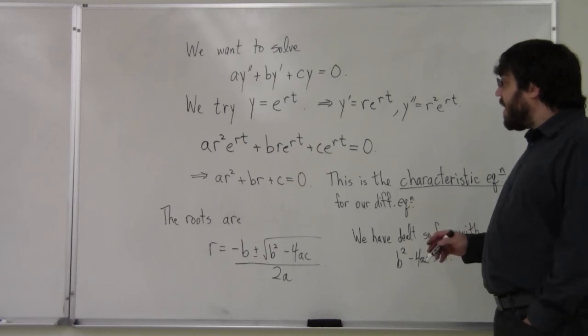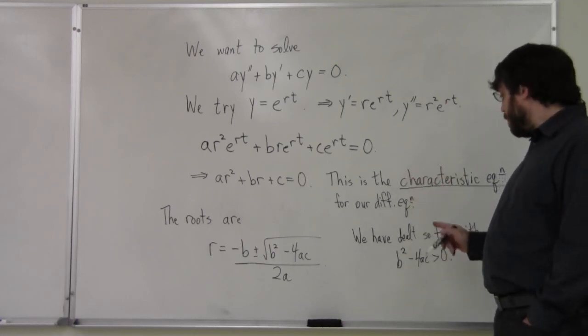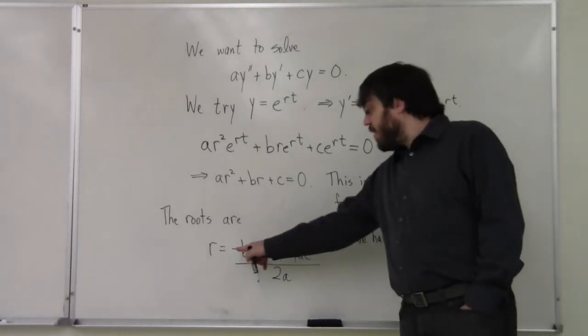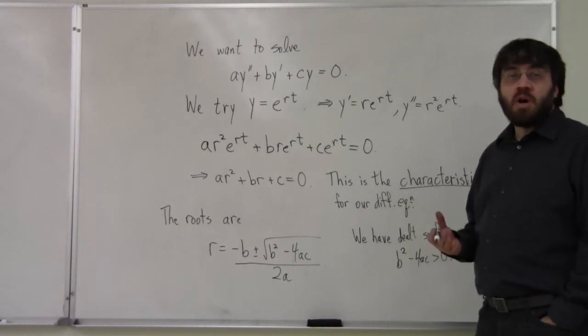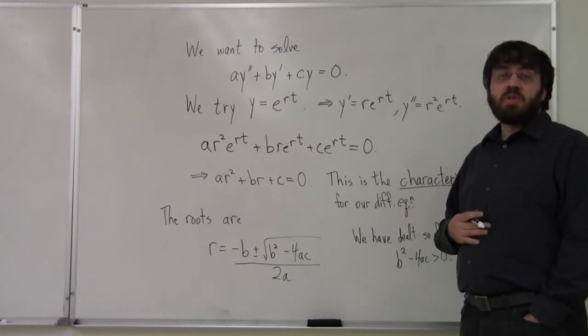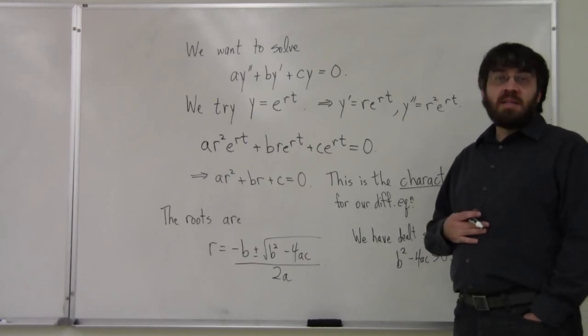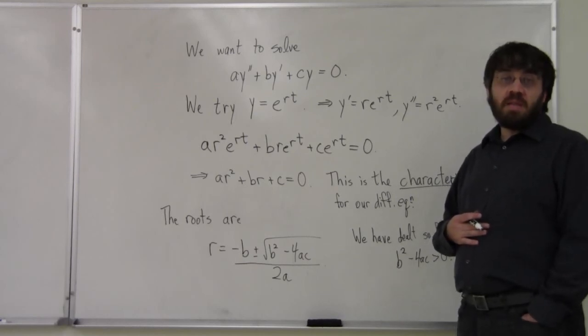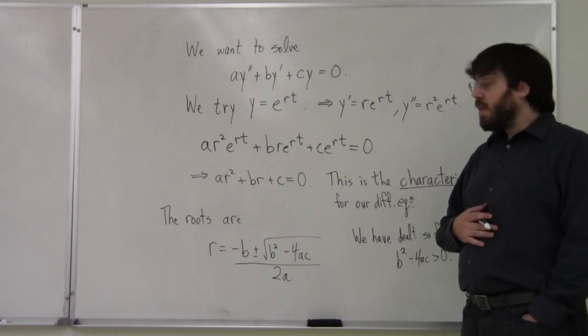Okay? So in that case, we've said everything about how to solve the equation. If b^2 - 4ac is positive, then you get two different real numbers for your roots. So let's call the roots r1 and r2. Your general solution will be y = c1 e^(r1 t) + c2 e^(r2 t). And then you solve for the constants c1 and c2.